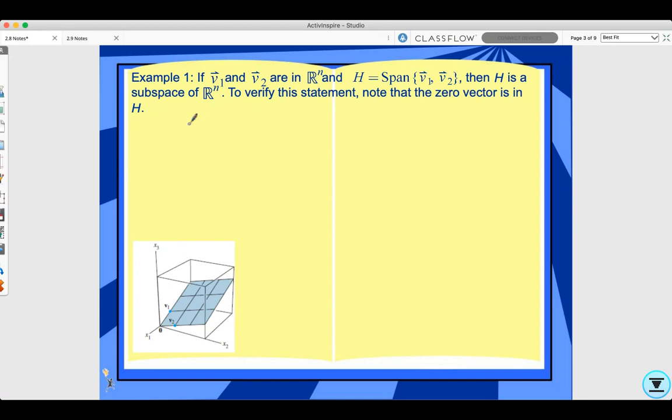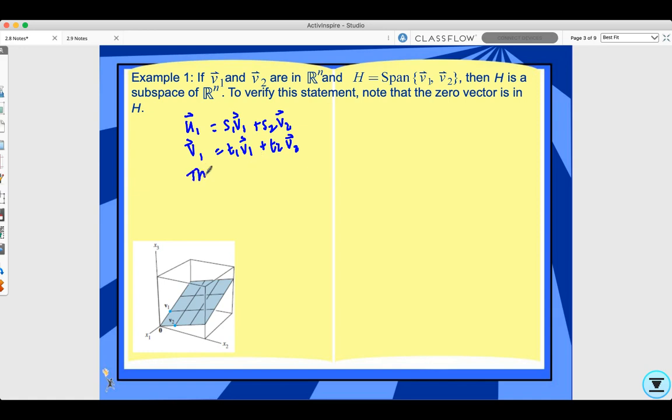So our two arbitrary vectors in H are u, which equals, this is just an arbitrary vector, so it equals s1 v1 plus s2 v2. And we have v, which equals t1 v1 plus t2 v2.